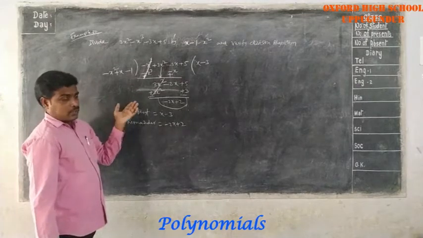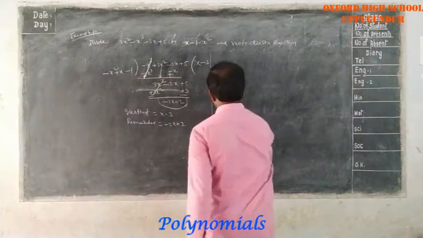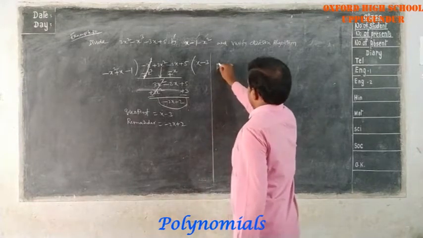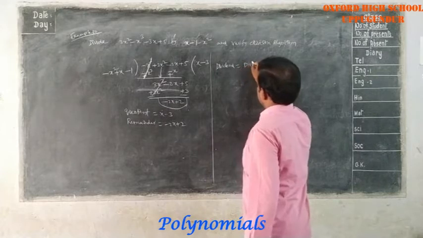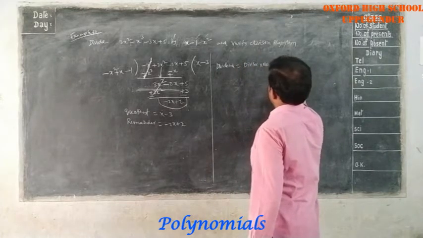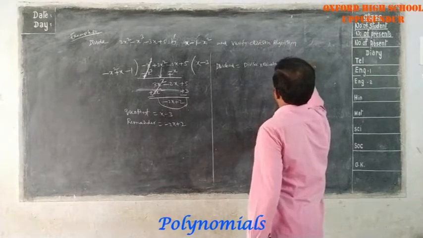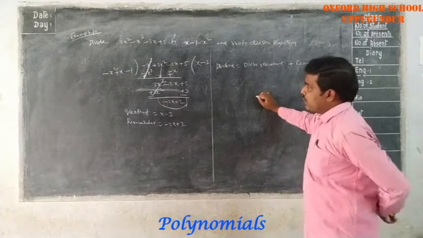You have to check this by using the division algorithm. What is the division algorithm? Dividend equals divisor into quotient plus remainder. So this is the division algorithm. Here what is the dividend?